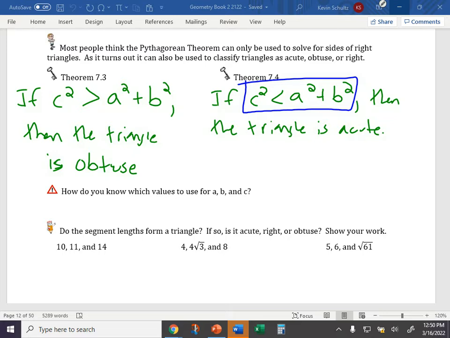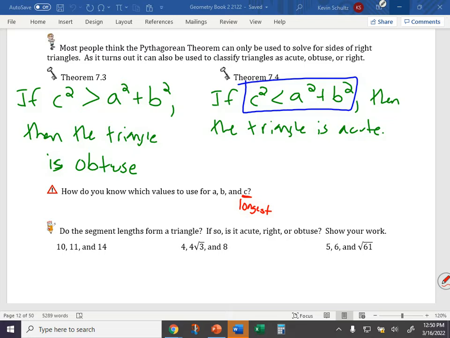How do you know which values to use for a, b, and c? And really the important one here is the c. If it's not a right triangle, how would you know, or does it not make a difference, which values you would use for a, b, and c? Drew? c always has to be the greatest. c will still have to be the longest side. a and b, you can switch them up.